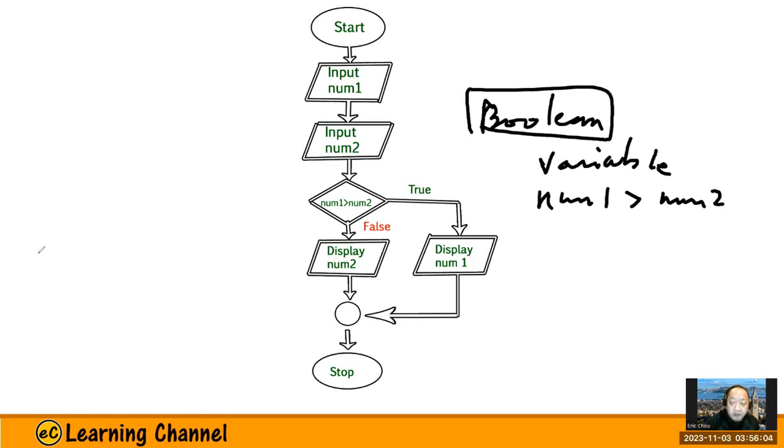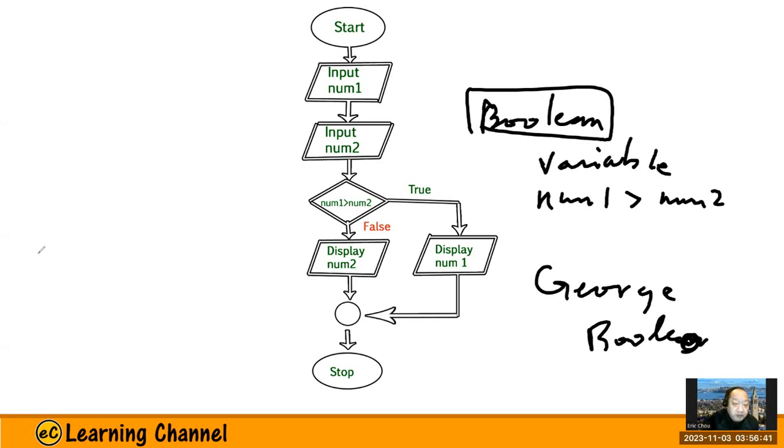Boolean is the name of a person called George Boole. George Boole is a British mathematician, and his last name is Boole. He was a person in the 19th century, and he laid out the fundamental work for the study of the digital system, binary logic, and also Boolean logic.